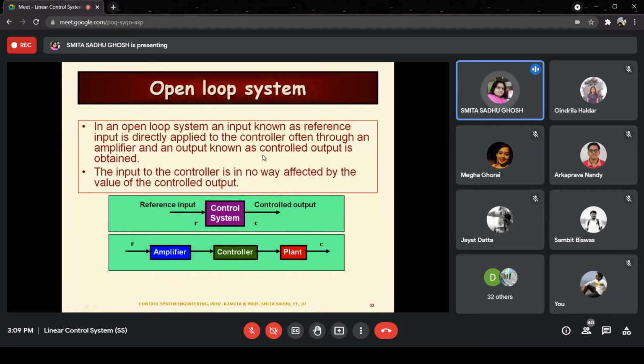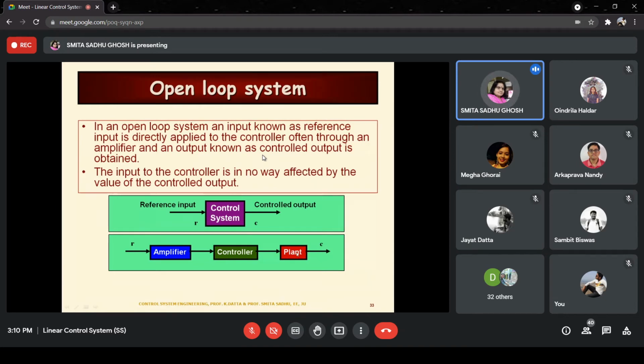The controller is going to generate the signal which is going to make changes in the plant dynamics, or rather plant response, I should say. Basically the controller generates the input signal for the plant, and the plant accordingly has a controlled output, or an output as we call it.